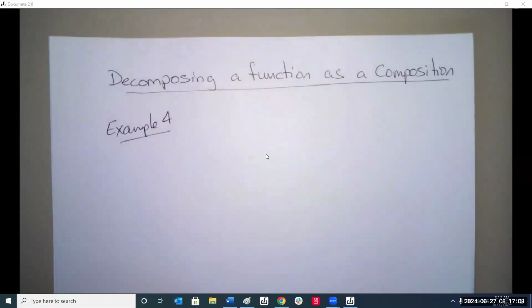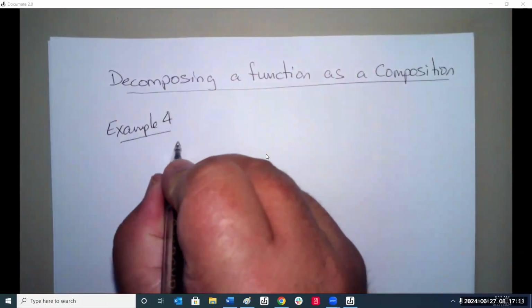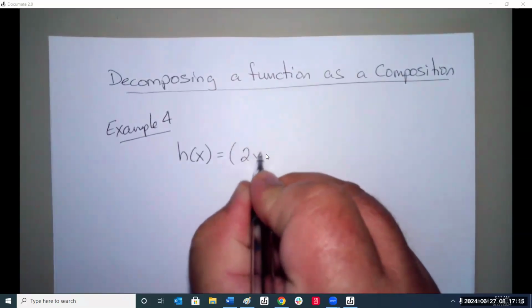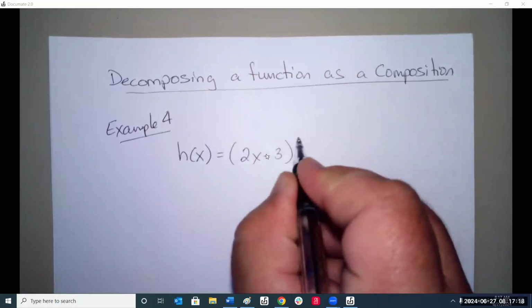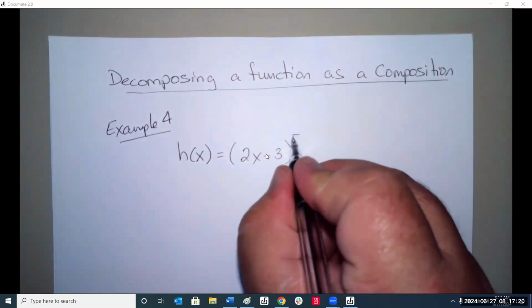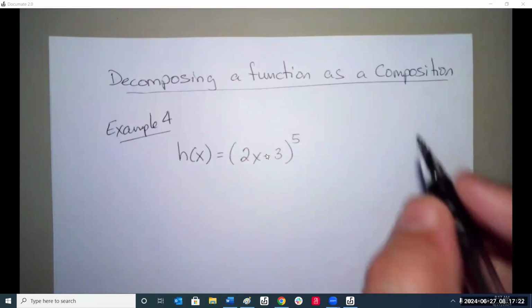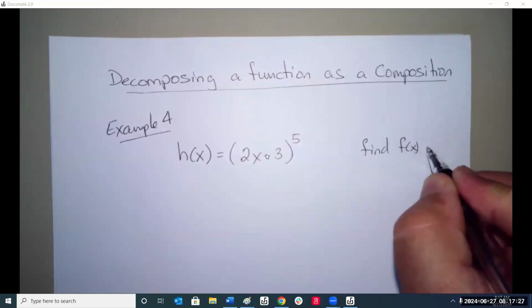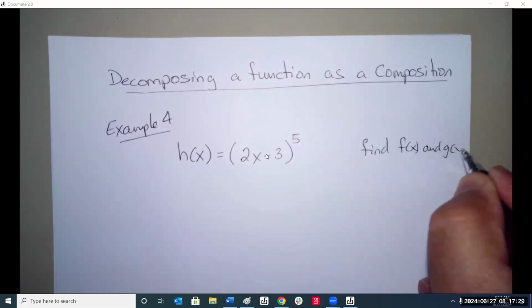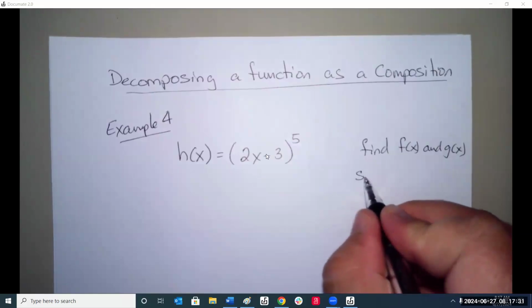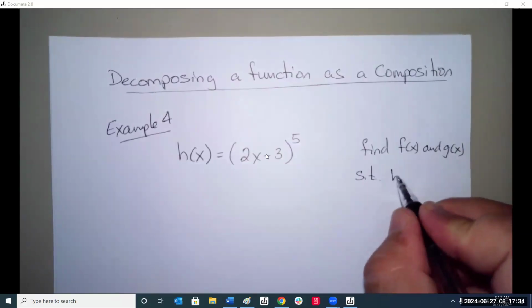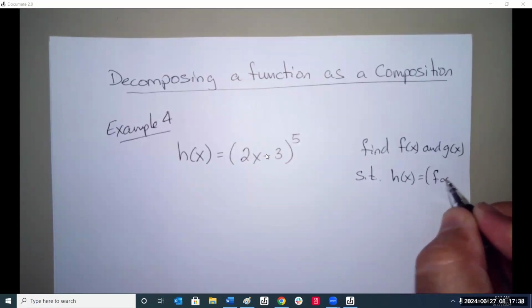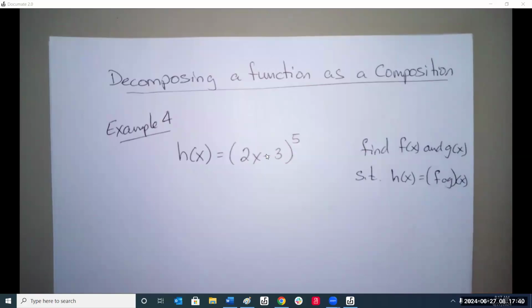Example 4 says, if h of x is equal to 2x minus 3 to the power 5, find f of x and g of x such that h of x is f of g of x.